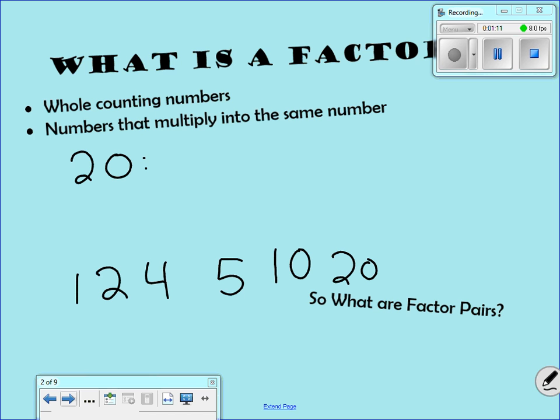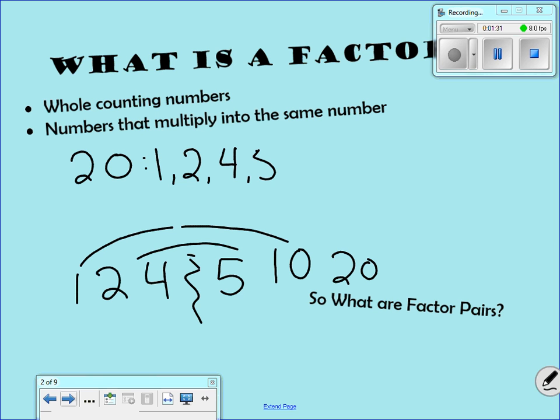And we know obviously there's nothing here because there are no whole numbers between 4 and 5. So now our factors for 20, which normally you guys do your rainbows, are 1, 2, 4, 5, 10, and 20.